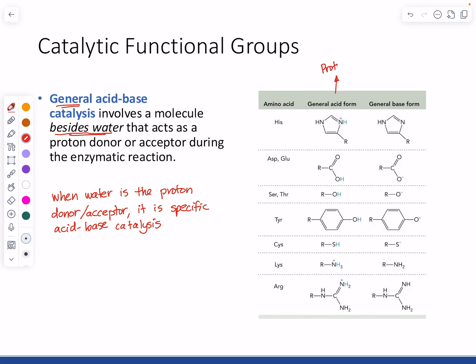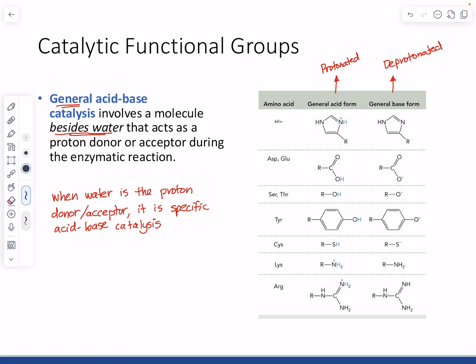Your general acid form is when your molecule is protonated, and so it can give off a proton. And the deprotonated state would be the general base form. So this is the two forms you can have and the roles they can play in a reaction.